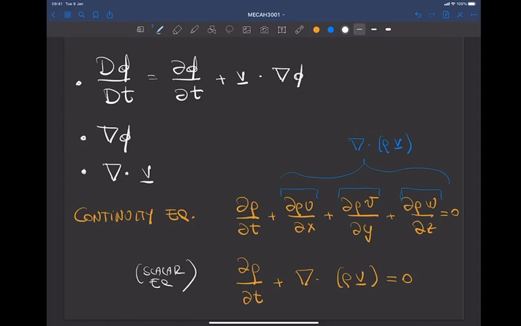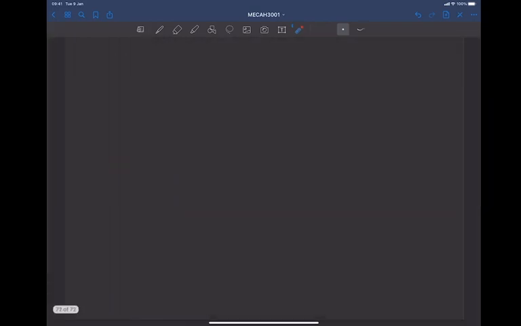But we can actually go a little bit farther, because what I can do is develop all the terms in this continuity equation. So what I mean is that, looking at these terms, I can derive with respect to rho and then with respect to u, and then I get additional terms. So let's do that.